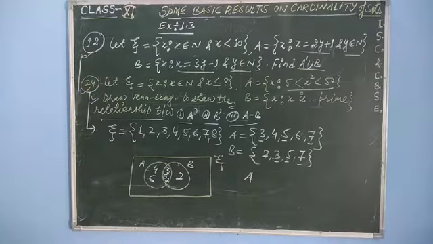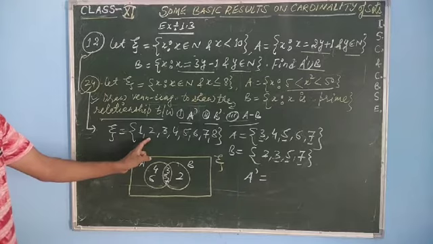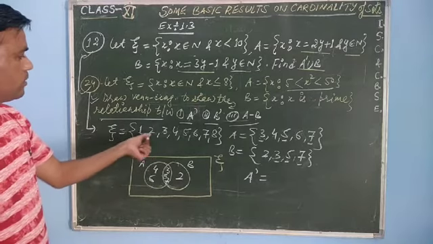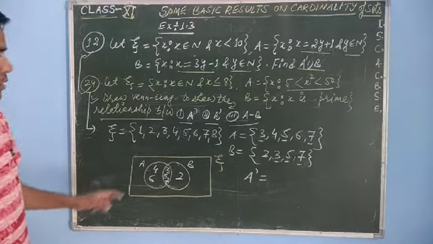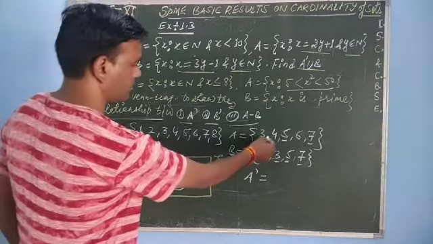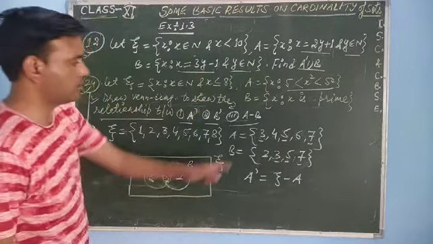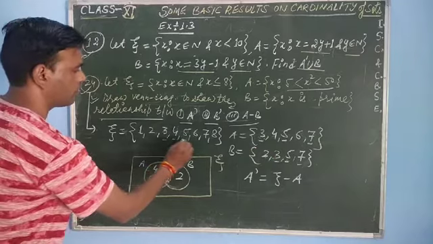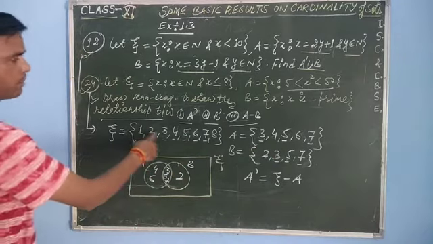Now see students, you have to find the complement of A. Complement of A is universal minus A. The universal set is 1, 2, 3, 4, 5, 6, 7, 8. If you remove 3, 4, 5, 6, 7 from the universal set, we get only 1, 2, 8.